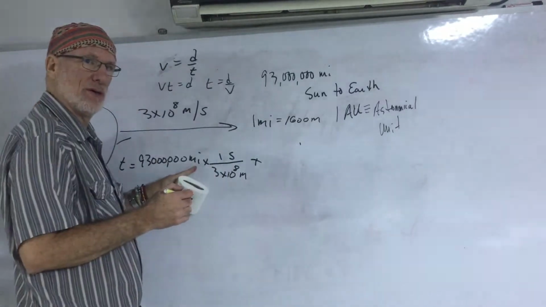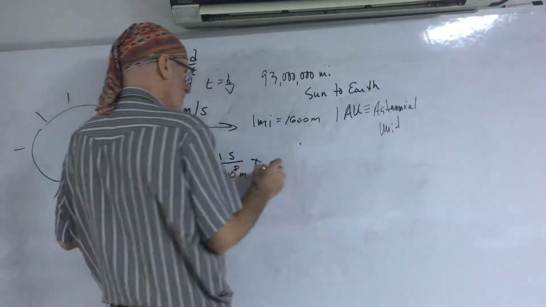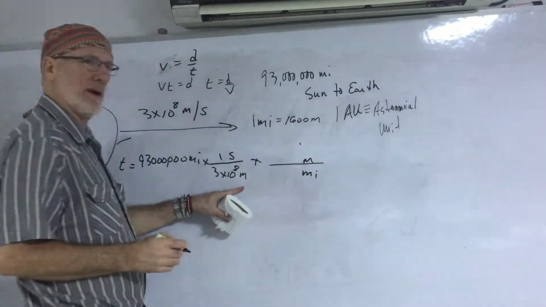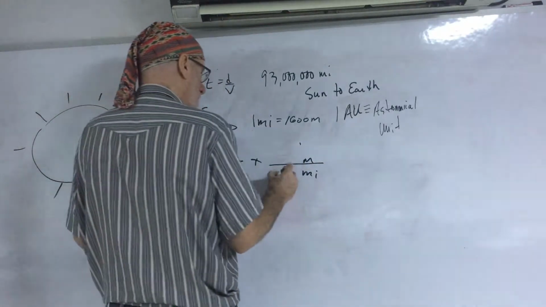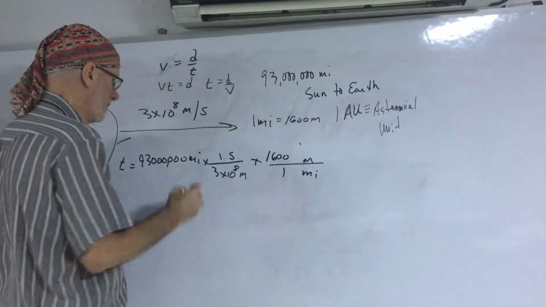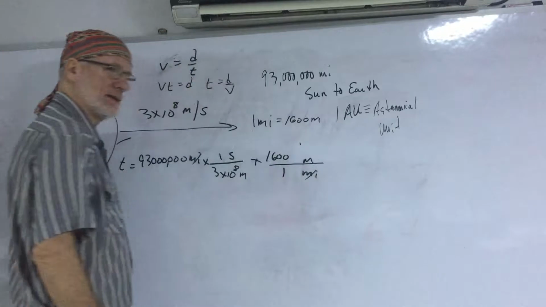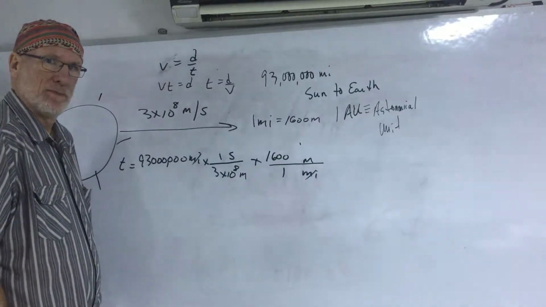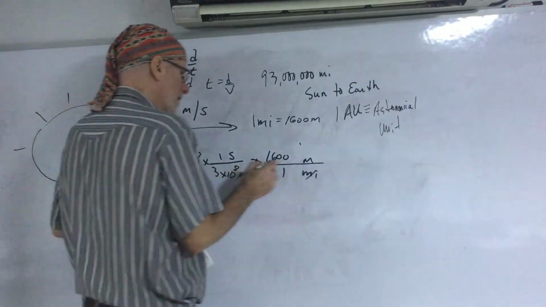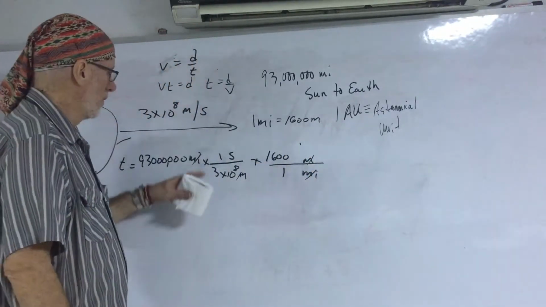So I want to divide by miles, multiply by meters, right? So 1 mile is 1,600 meters. Cancel. And the meters canceled, didn't they? See that?